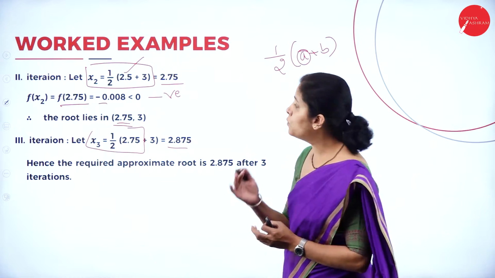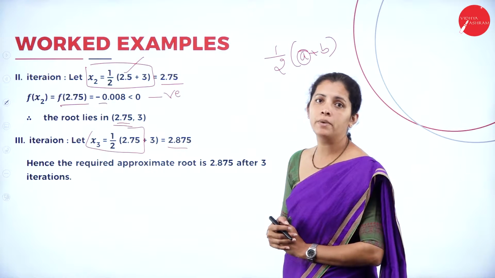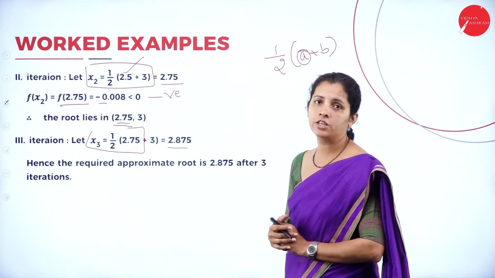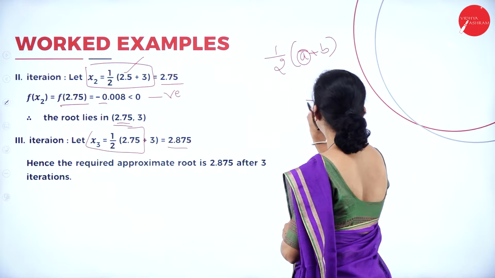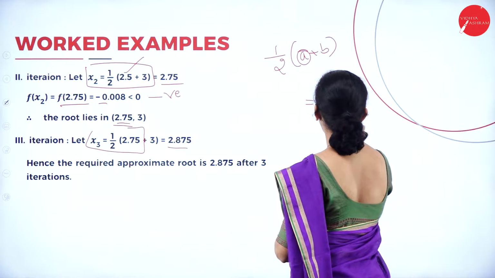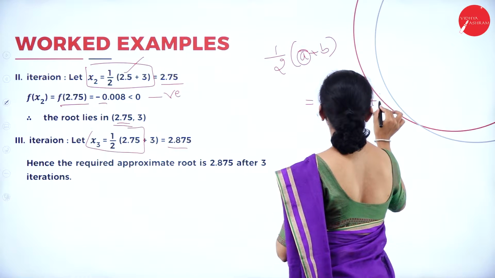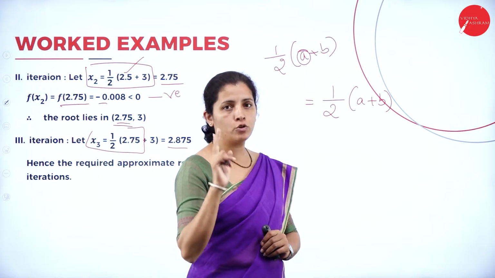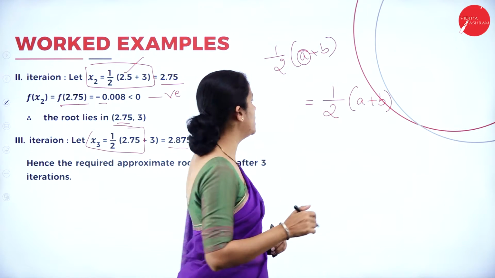So, dear student, what are the things you have to remember here while solving problems using the bisection method? That is the formula half of A plus B. And you will get two conditions. One is a positive number and one is a negative number.